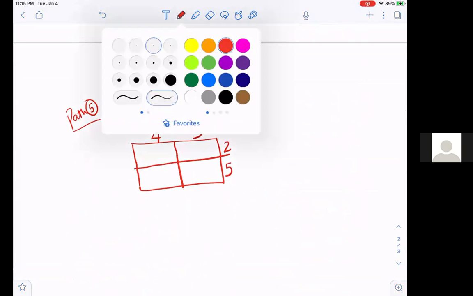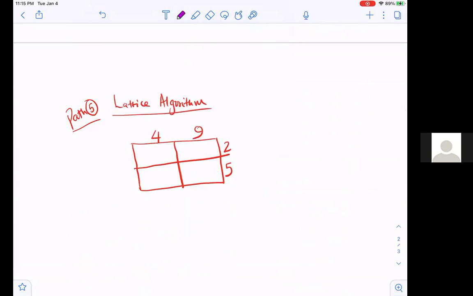Now, for the lattice algorithm, we usually divide each of these little sections. We draw a diagonal like that. And we can extend our diagonals a little bit outside, and we complete the spaces inside each of these little squares that we have divided with a diagonal.